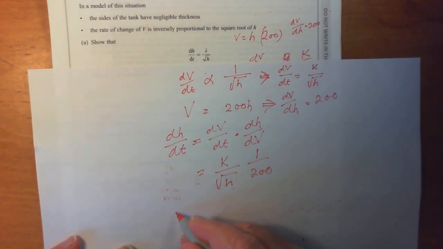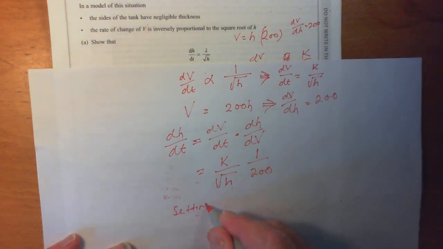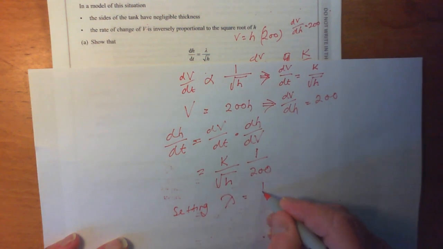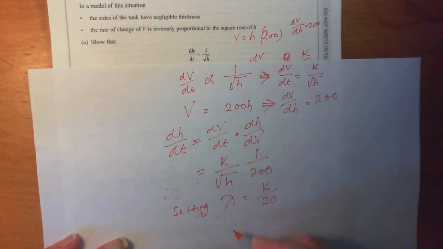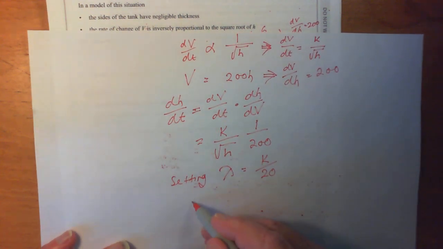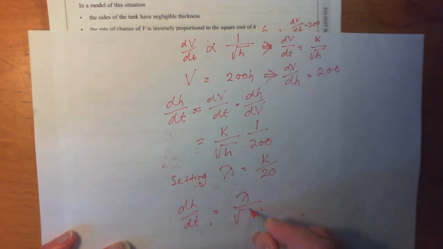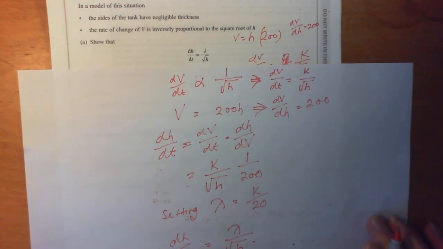The only thing I need to do now is actually write it down. Well, to my mind, you need to set it down. Setting lambda equal to k over 200. That then becomes dh over dt equals lambda over square root of h, which is what I'm after.